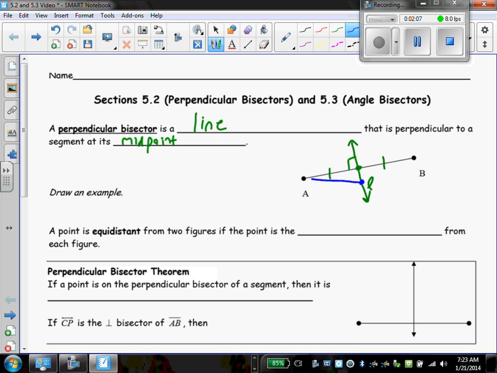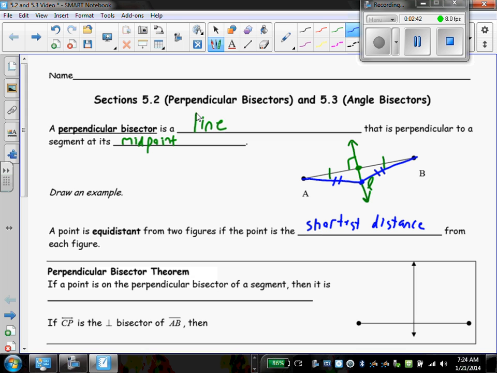This distance here and this distance here are going to be the same length every single time. So, we say also that a point is equidistant from two figures if the point is the shortest distance from each figure. But when you're on your perpendicular bisector, that's always going to happen.